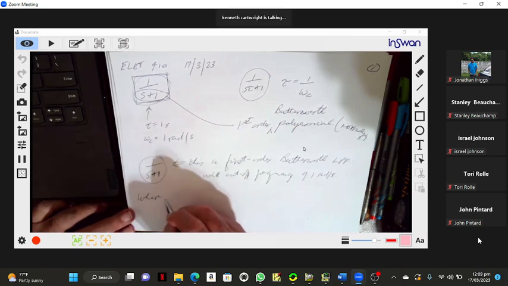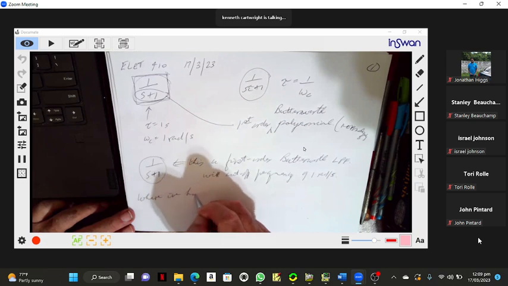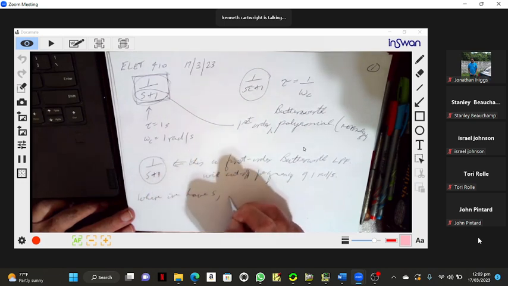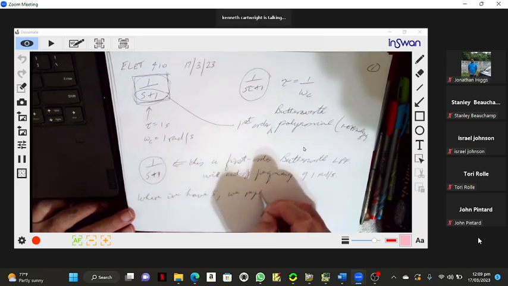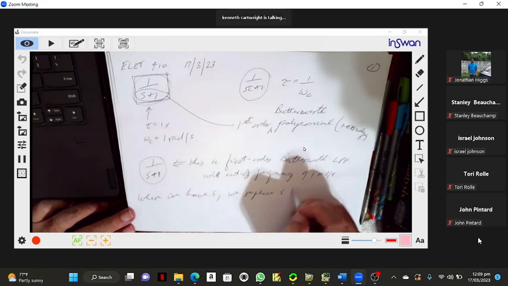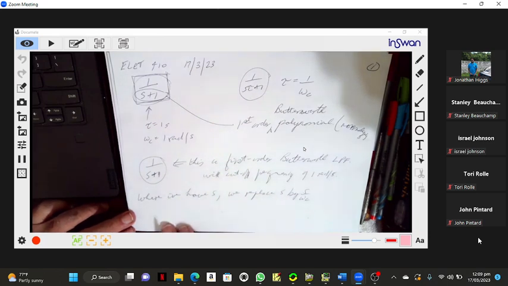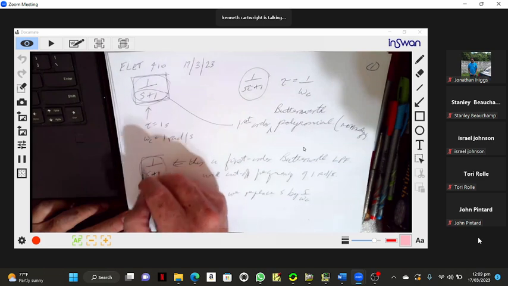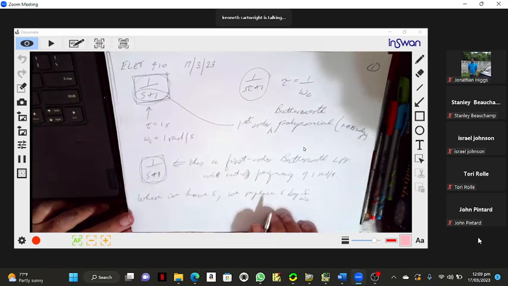Where we have s, we replace s by s over omega C. So this is our normalized low pass filter transfer function.